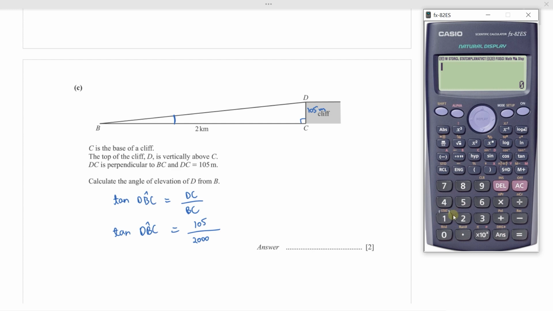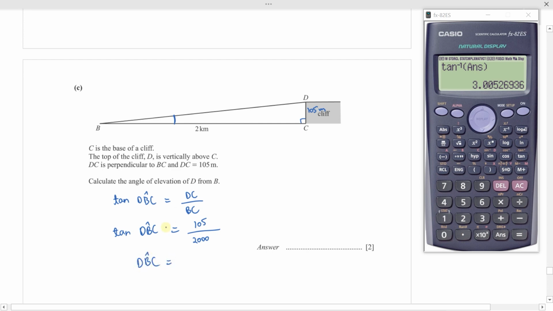So 105 divided by 2000 and then tan inverse of this. So angle DBC is 3.0 degrees. So this angle of elevation is 3.0.